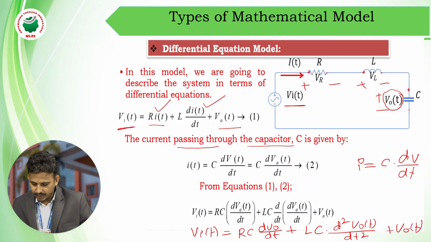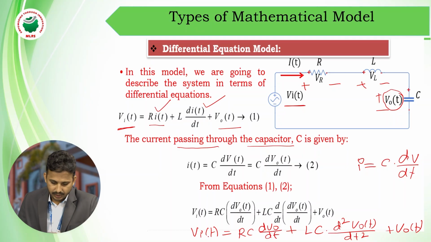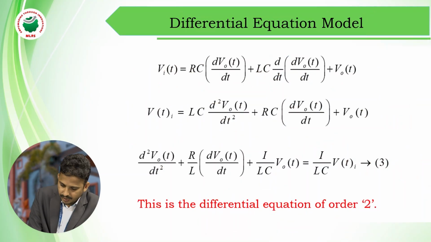So this is a second order differential equation. The complete equation becomes a form in terms of v naught of t and vi of t. From that I can write the transfer function easily.